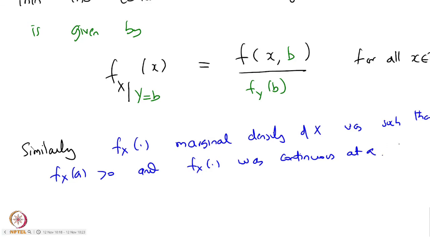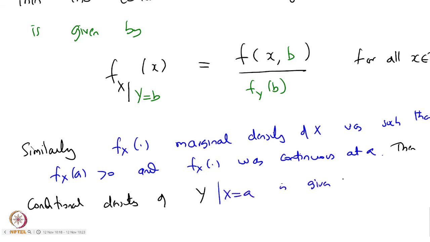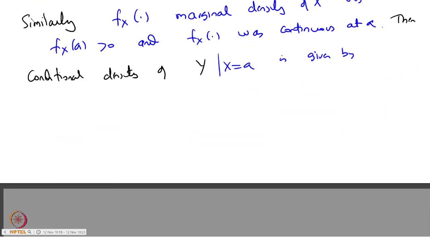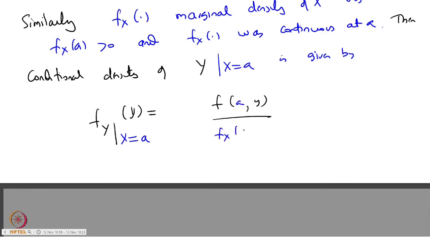Then, it's a symmetric argument, the conditional density of y given x equal to a is given, in the same way, by f sub y given x equal to a at the point y is going to be equal to f at the point (a, y), the whole thing divided by f sub x at a. And this is true for all real numbers y.